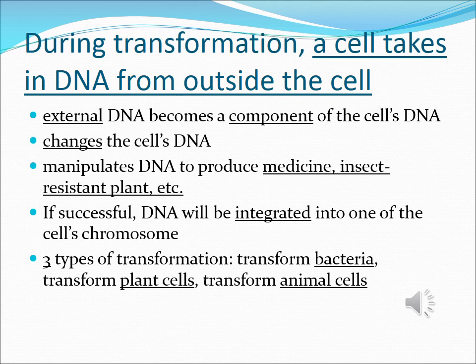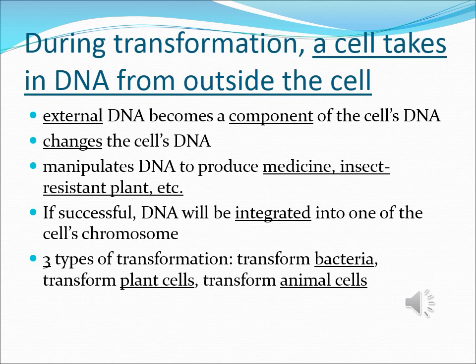This manipulates DNA to produce medicine, insecticide resistance in plants, and growth in plants that we've never seen before, like those steak tomatoes, those giant tomatoes that we see. So we basically produce organisms and plants and insects and bacteria that produce medicine for us this way.